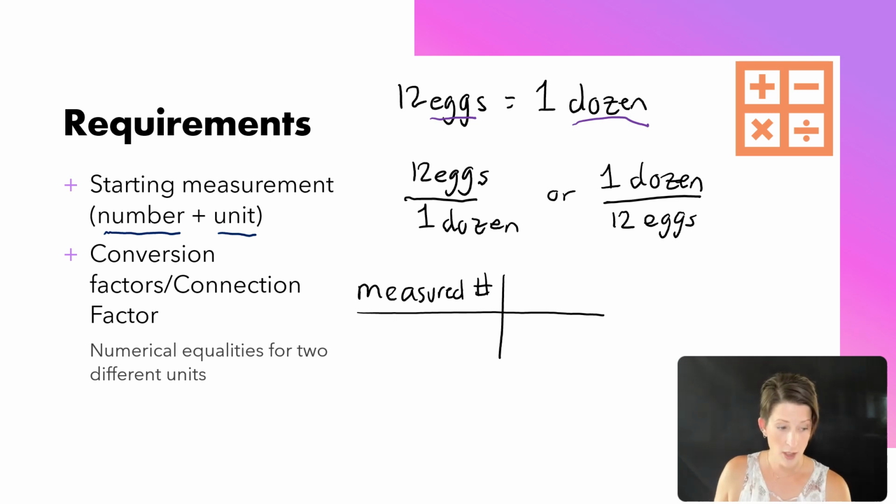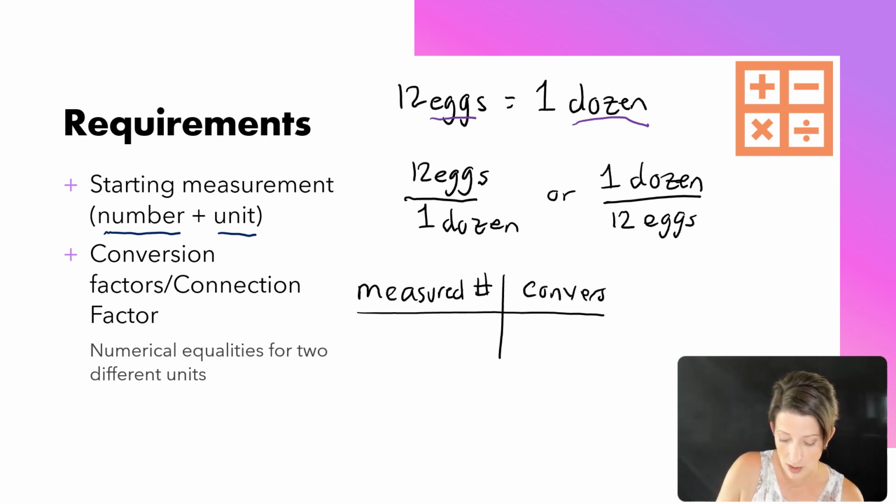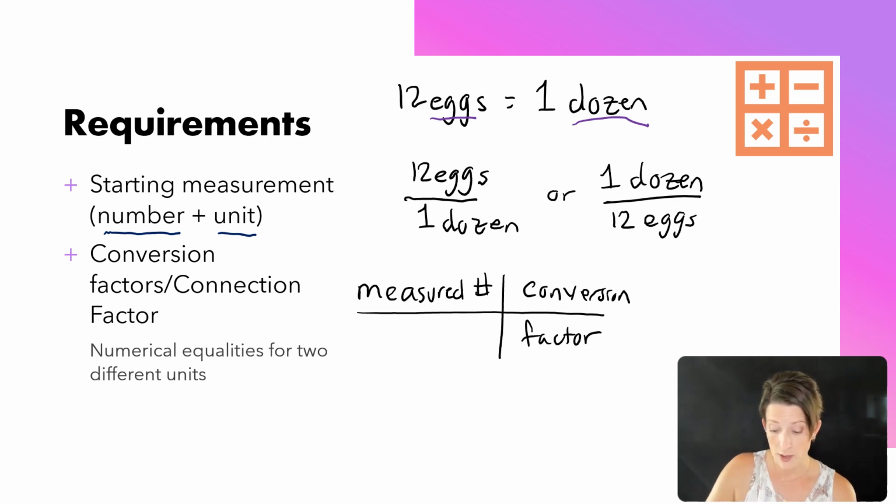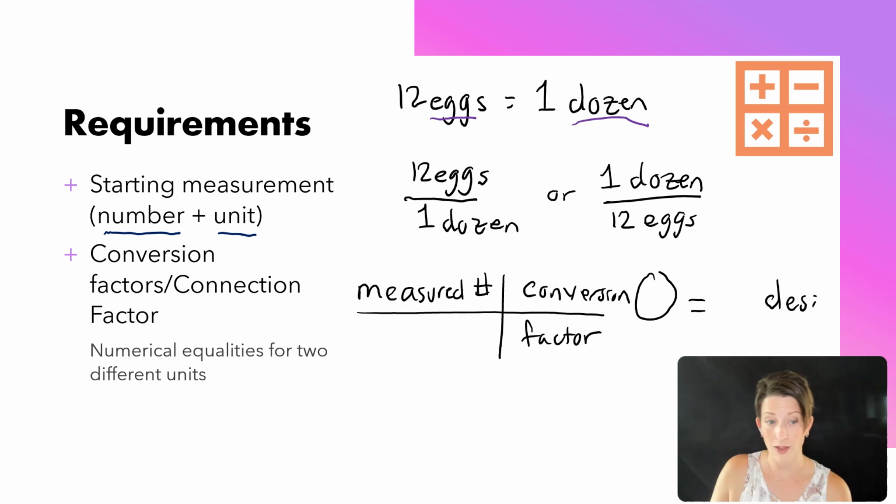So when you have your measured number, then you're going to put your conversion factor. That allows you to cancel out the unit that is in the measured number and convert to the unit that we are looking for. And it's going to be a different base unit. And then that's going to give us a number based off what we're provided with the desired unit that we are looking for.